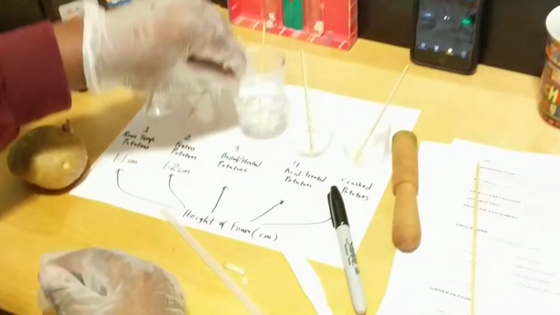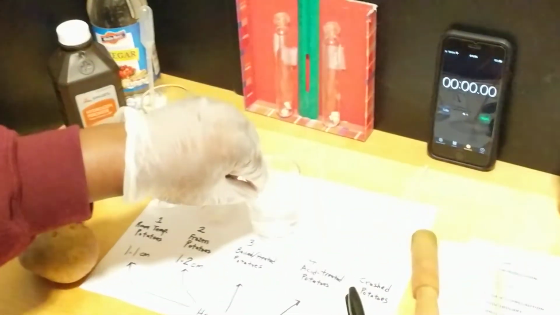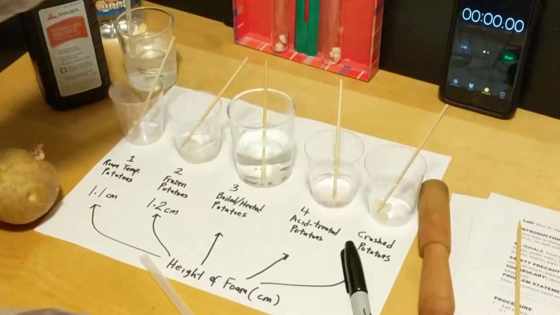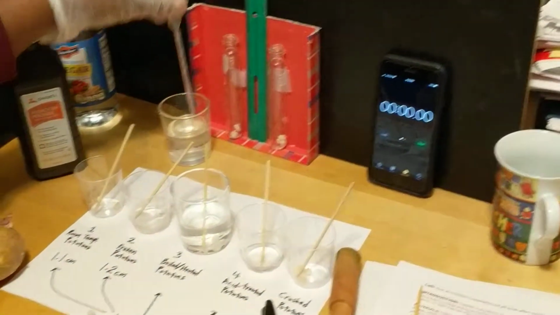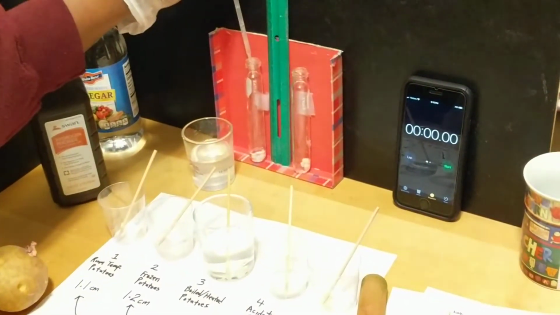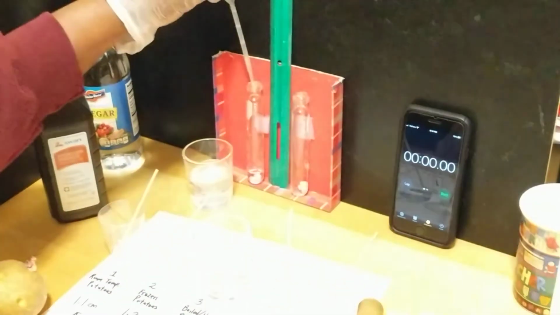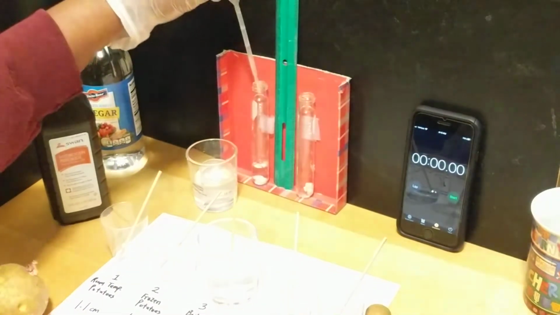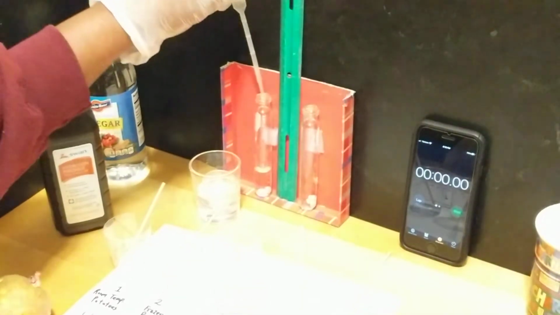So now we've already added the heated potato to the test tube on the left, and the one treated with vinegar has been added to the one on the right. So we're going to add an equal amount of hydrogen peroxide using a dropper, 5 milliliters. I want to see after 5 minutes what is going to make foam.